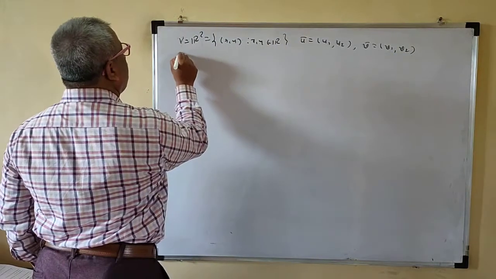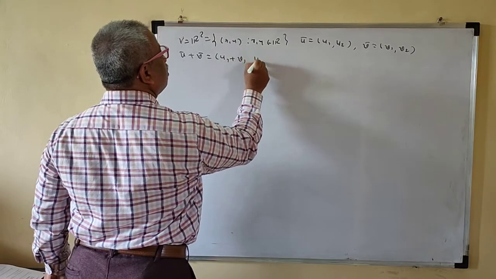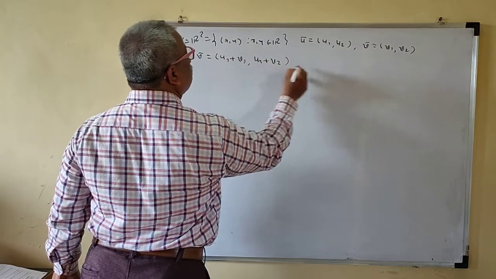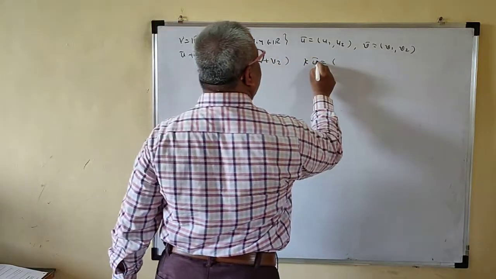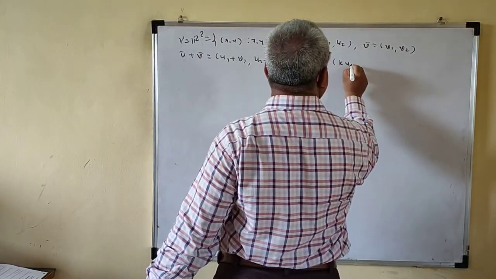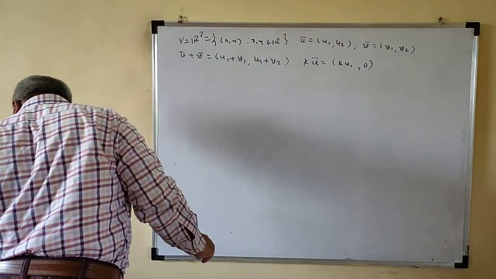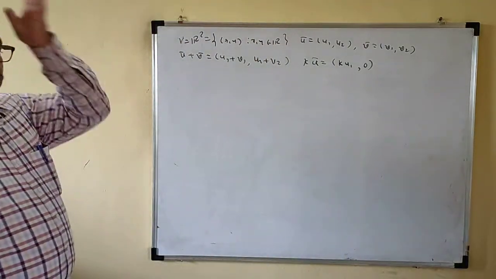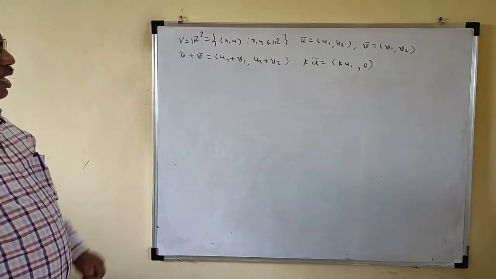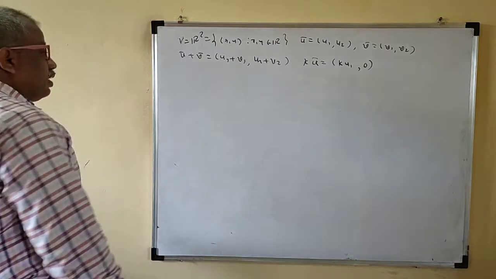So u bar plus v bar is equal to (u1 plus v1, u2 plus v2), and k u bar is defined as (ku1, 0). Now the problem is whether it is a vector space.